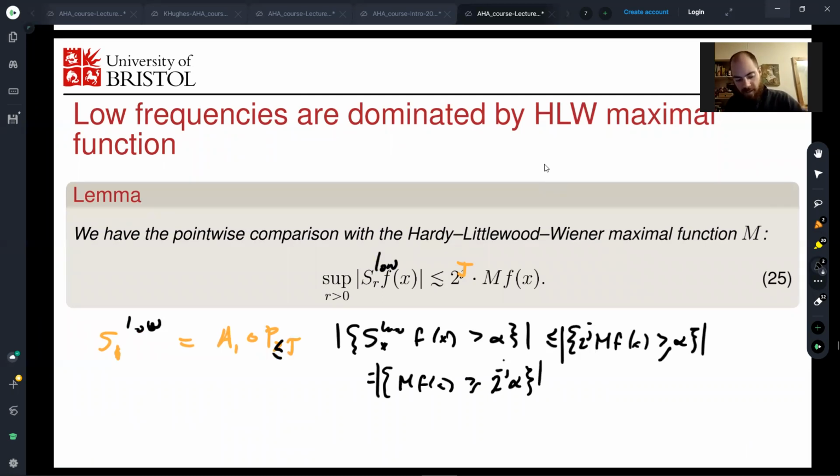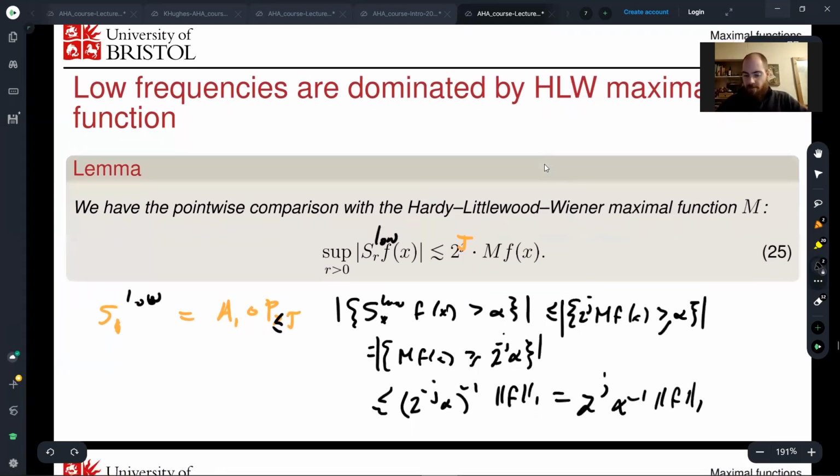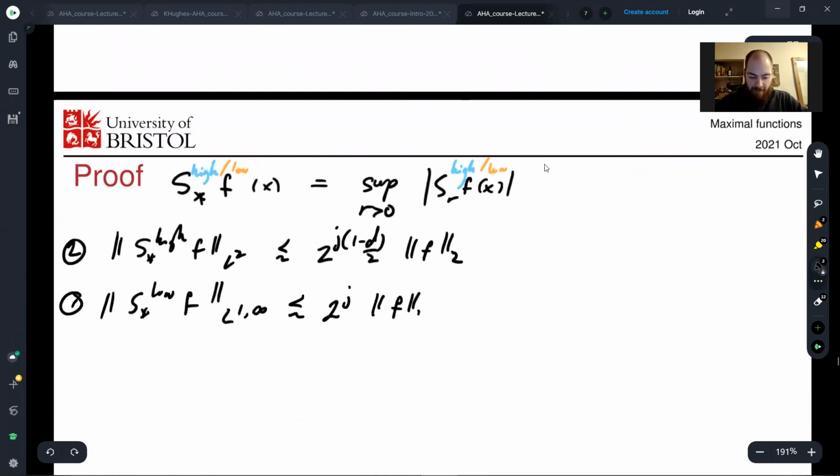And the Hardy-Littlewood theorem says that this thing is at most 2 to the minus J alpha inverse the L1 norm of f. And that is, of course, just 2 to the J alpha inverse of f in L1. This is good.